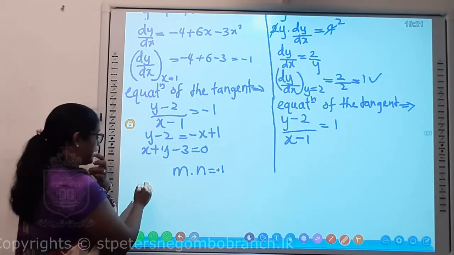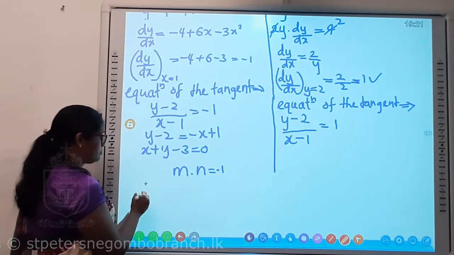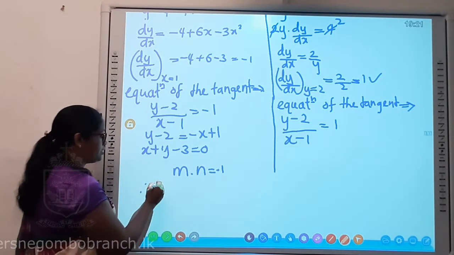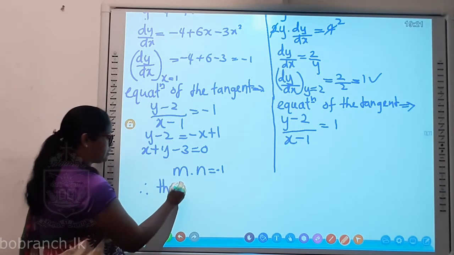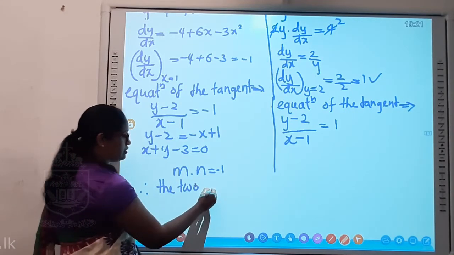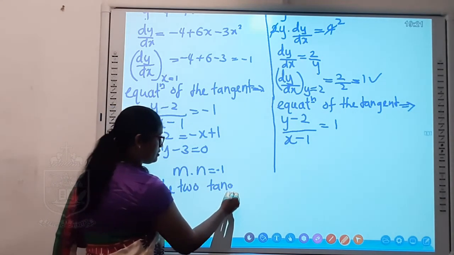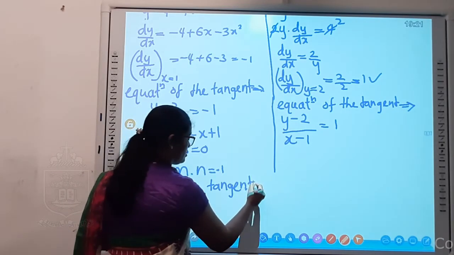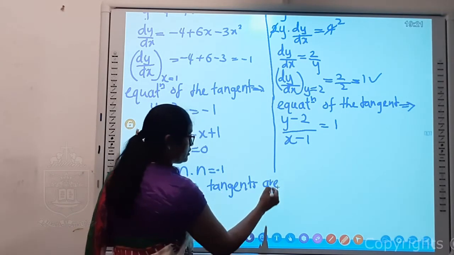So finally we can conclude, therefore the two tangents are perpendicular to each other.